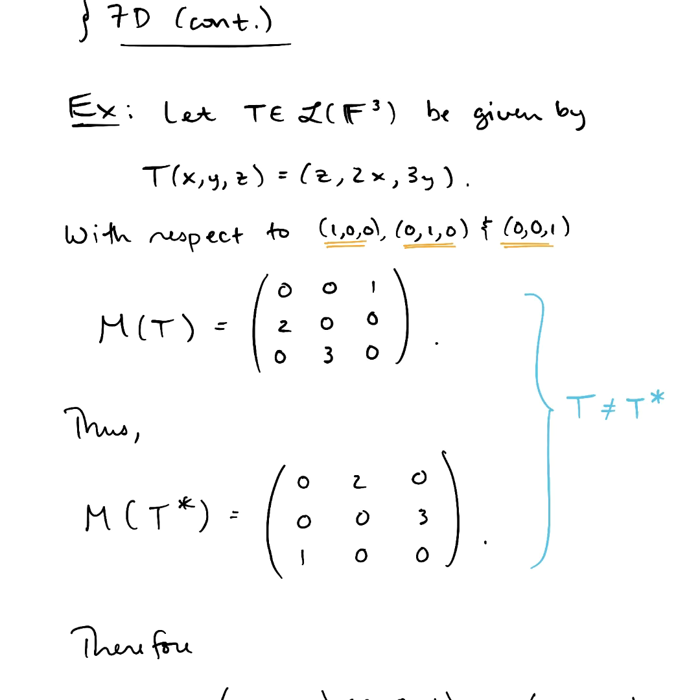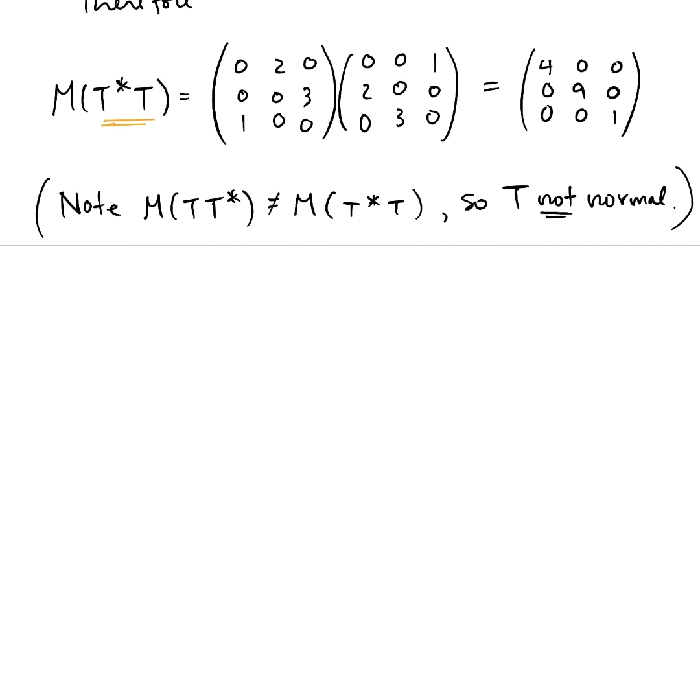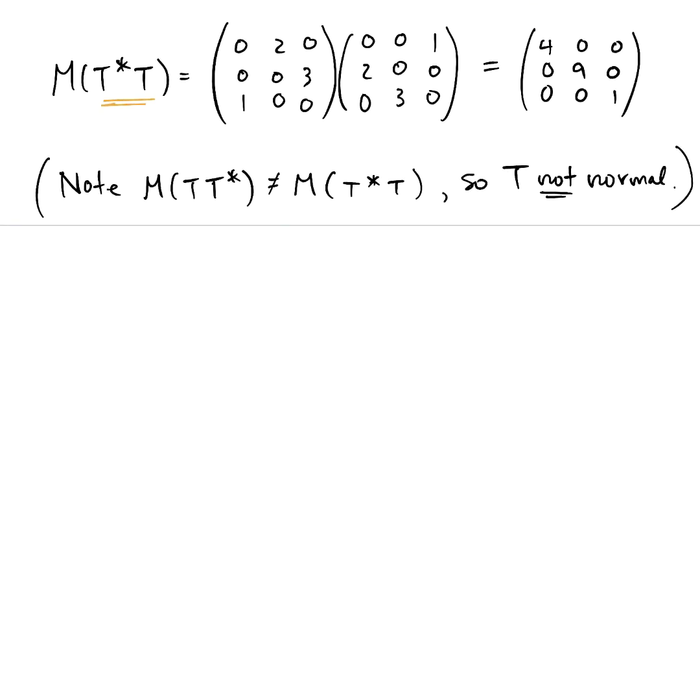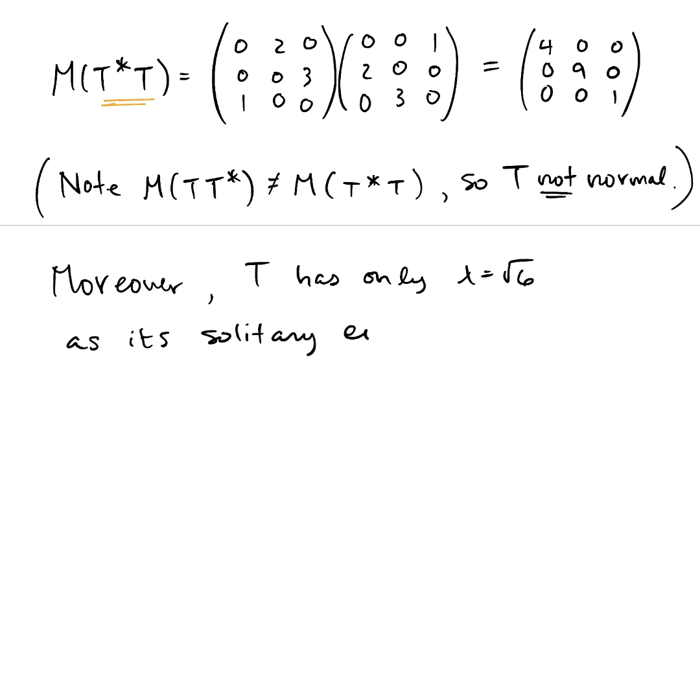All right. Another sense in which T is not nice: moreover, original T has only lambda equals root 6 as its solitary eigenvalue.